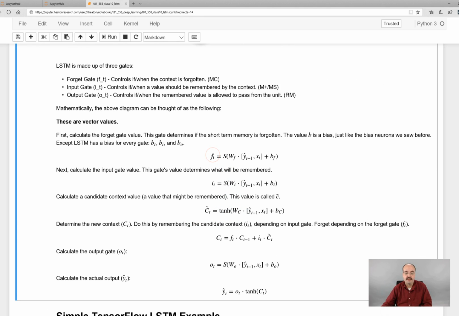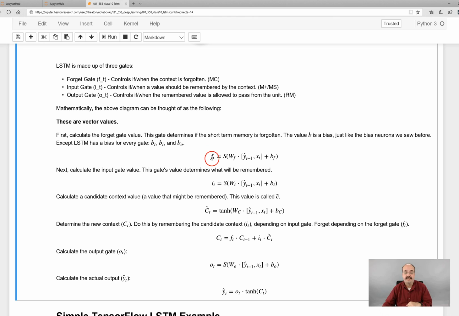The first thing we have to do is calculate the coefficients for the forget gate and the input gate, and ultimately the output gate. Because these three values, they're going to be largely 0 or 1, because see, these are where the sigmoids are used. You want those to be 0 or 1 because those values, you want them on or off. It's a coefficient.